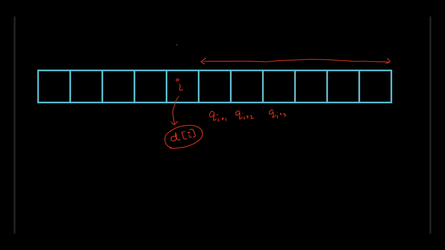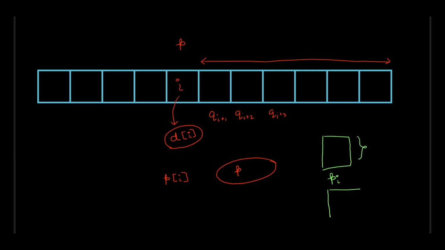First of all, the p array is fixed. So given pi, the first thing that you can do is take all the elements on the right hand side inside the p array and sort them. Once you sort it, you will get a certain permutation. So pi will be here. This is the relative ordering. All these elements are higher than pi, and all these elements are lower than pi.